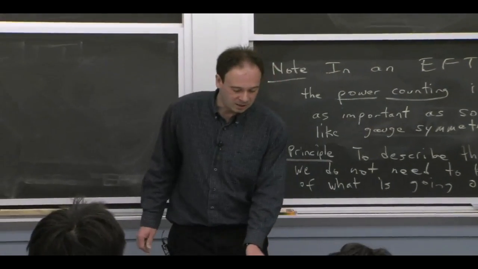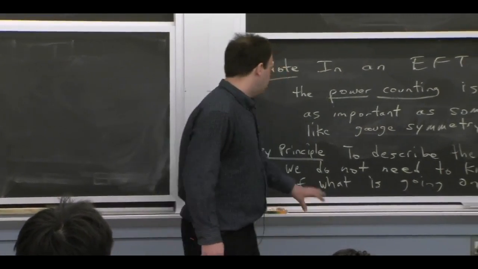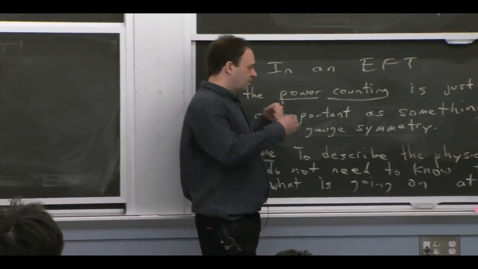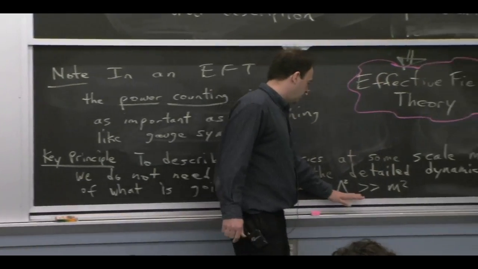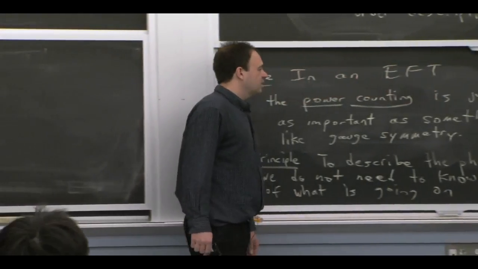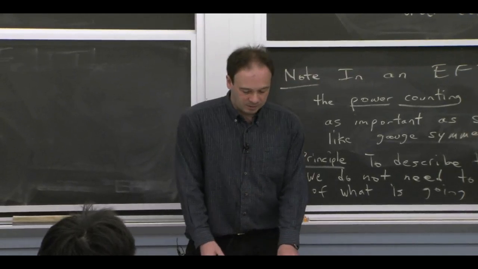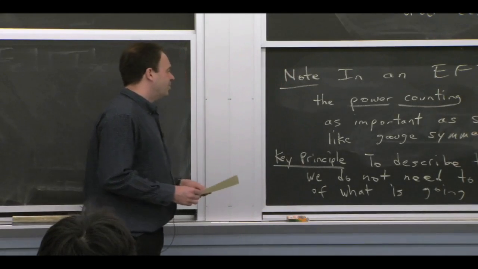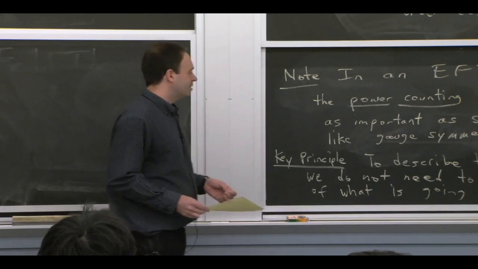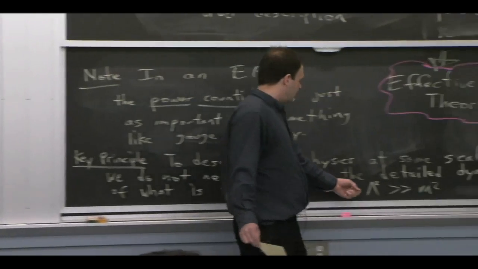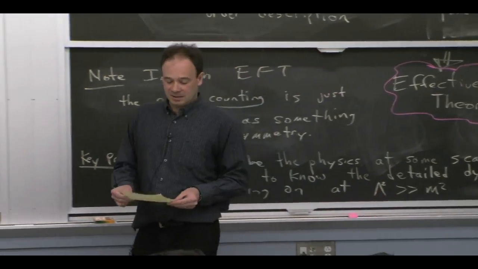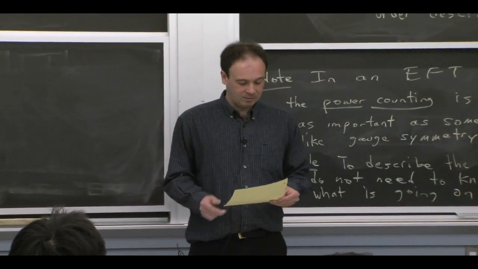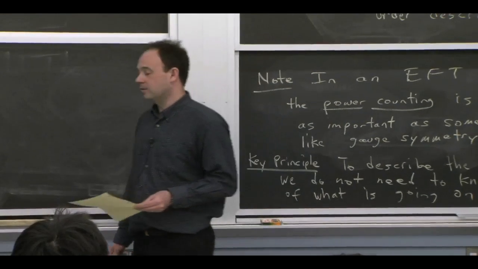In that sense, this is more general. It's really not just a strictly one-dimensional thing as it would be if I described it in terms of mass scales, but a more general principle. I think that'll become clearer when we actually do examples where it's not simply mass scales. We'll, of course, start out by talking about mass scales, since that's the classic thing that most people think of when they think of effective field theory.